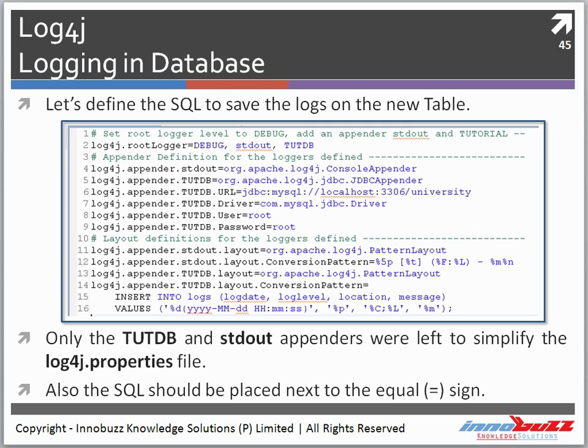Also, the layout for the tut.db appender. At the end, we have defined the conversion pattern for the tut.db's layout. In this case, we're setting the insert clause to be used to insert the new log event on the table.